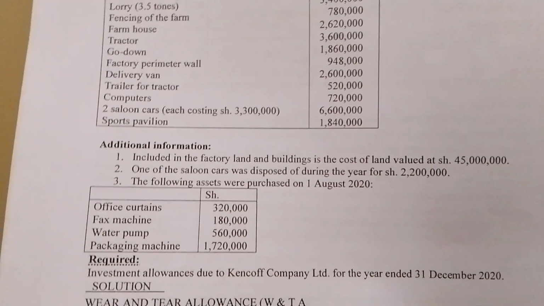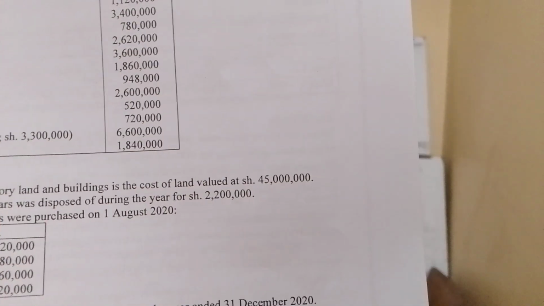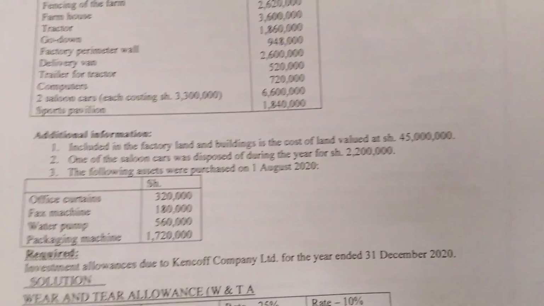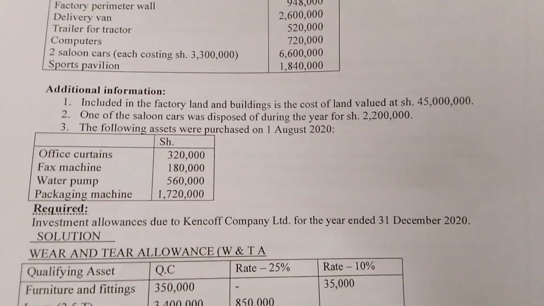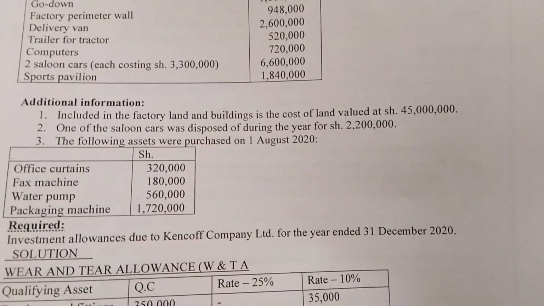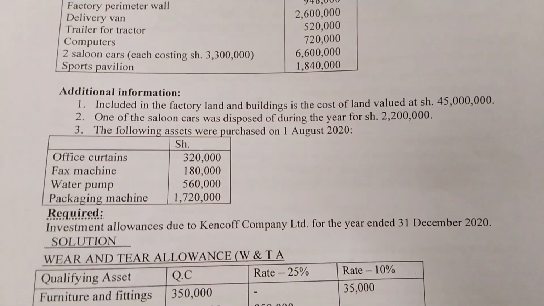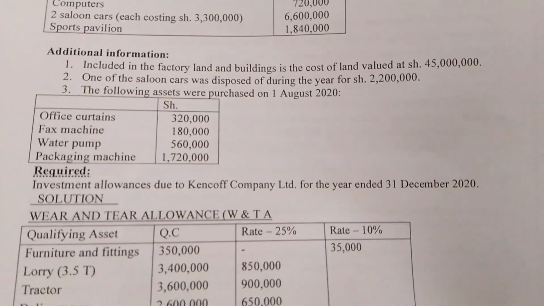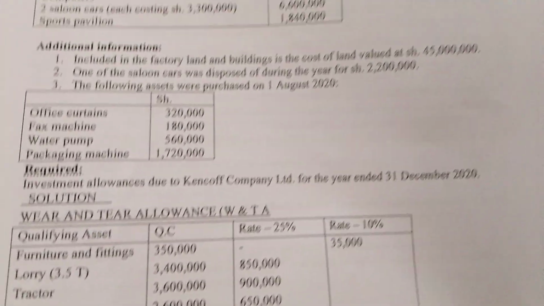One of the saloon cars was disposed of during the year for shillings 2.2 million. Now, a saloon car is a non-commercial vehicle. The following assets were purchased on 1st August 2020: office curtains, fax machine, water pump, parking machine. Required: investment allowances due to Kasneb Company Limited for the year ended 1st December 2020.